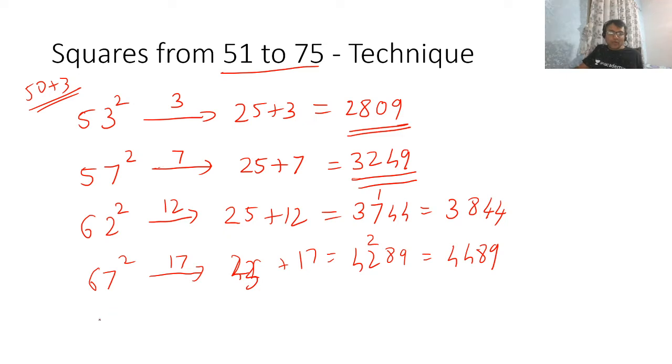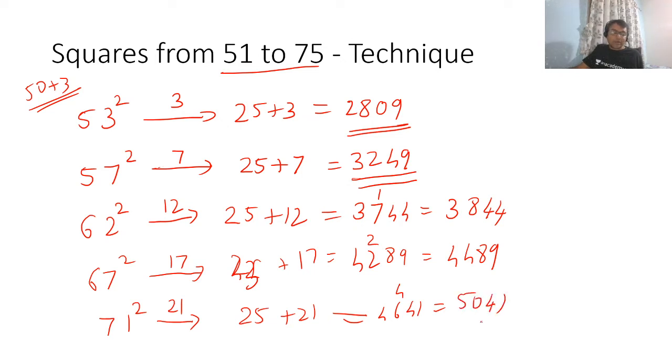Right. One more thing we will do, and then we'll go for the concept. 71 squared. 71 is 21 more than 50. So 25 plus 21, which becomes 46. 21 squared is 441, which will give you 5041.